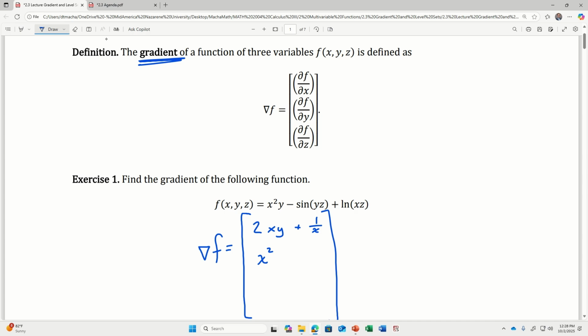And the derivative of sine is cosine. Chain rule says multiply by the z. Okay, and then the partial derivative with respect to z would be negative y cosine yz plus 1 over z. Boom. That's the gradient vector.